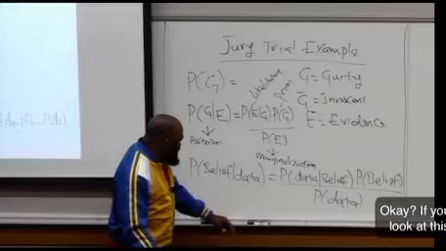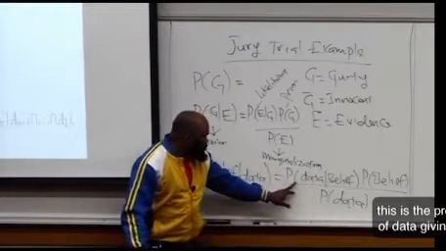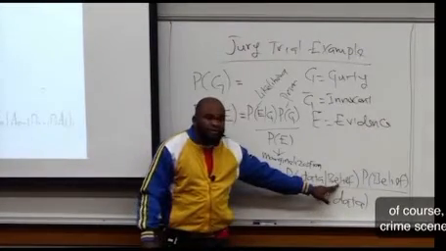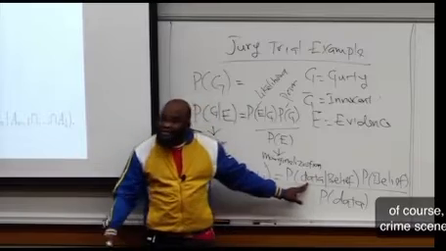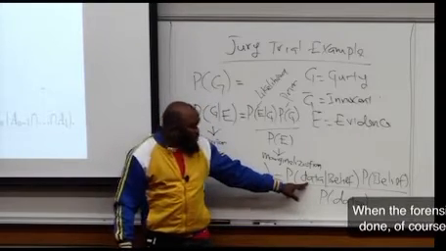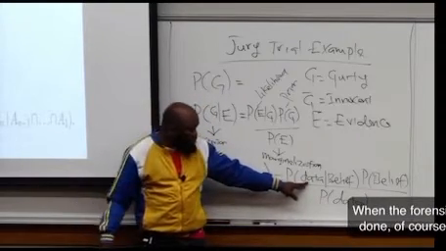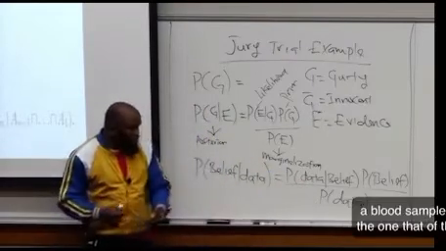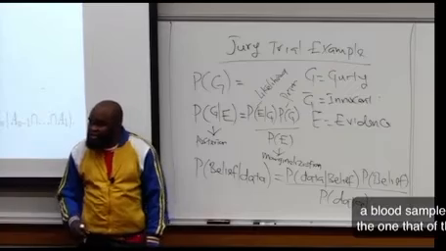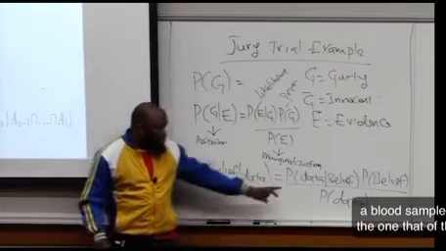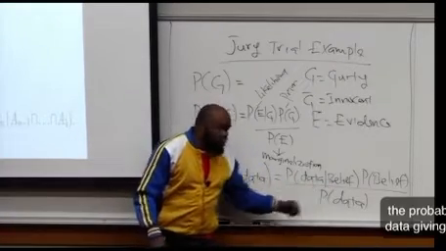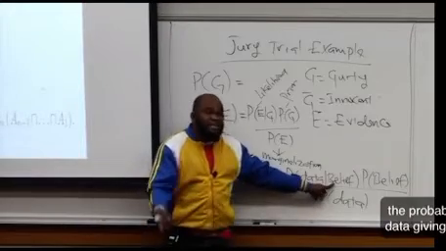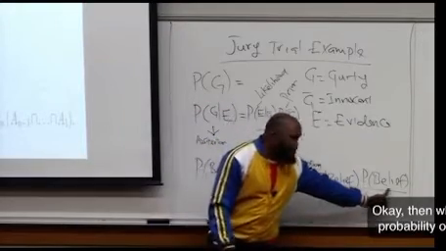If you take a look at this now, this is the probability of data given belief. Of course, at the crime scene, when the forensic analysis is done, they're going to find a blood sample that matches that of the accused. That is going to be the probability of data given belief. Then what is the probability of belief?